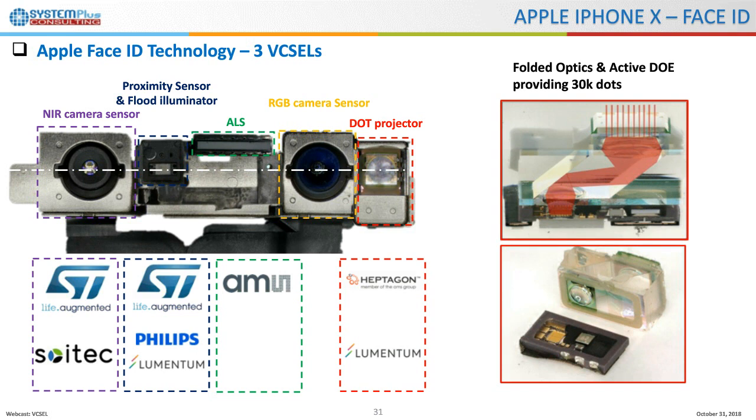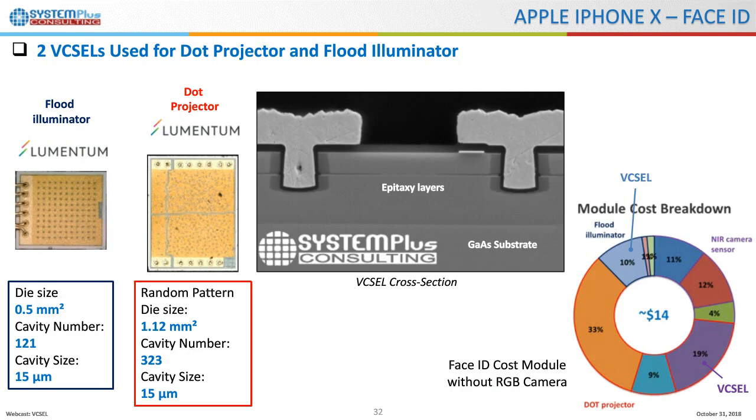So if we now have a look at the VCSEL die used by Apple in the dot projector and the flood illuminator, we can see here that there are 2 different VCSELs. I will not cover the VCSEL for the proximity sensor because it's not very new. It has been used by other players for proximity sensing in the past.